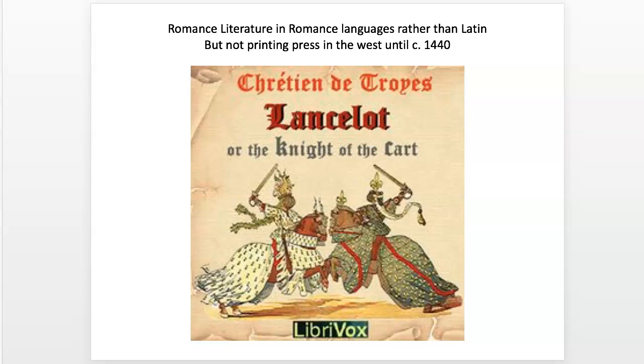There's not a country that has Latin as their language, but it's considered a dead language, or more like a language that's used for academic purposes and things like that. Well, these are the more common languages that people would use. Italian, French, Spanish, etc., etc. So we have Romance literature in Romance languages rather than Latin.